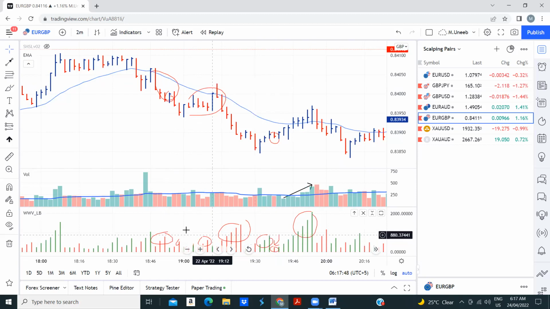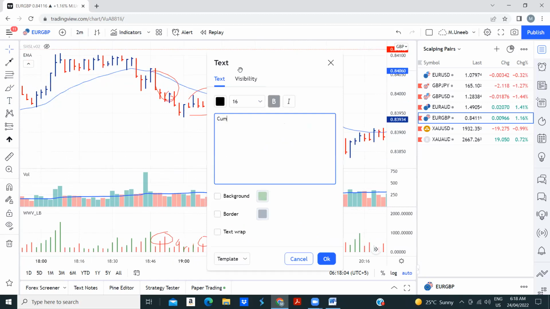So throughout this, what is wave volume? It calculates and adds everything; this is a cumulative wave. I think you know what cumulative is.